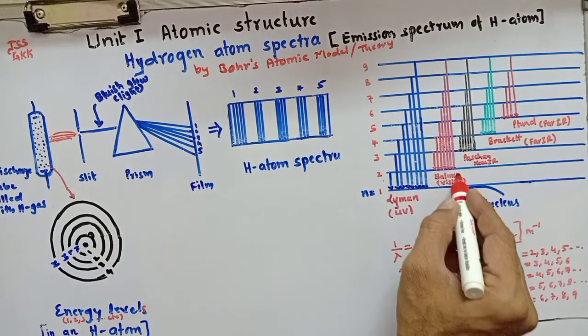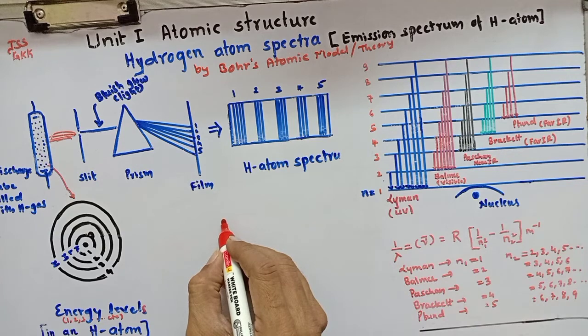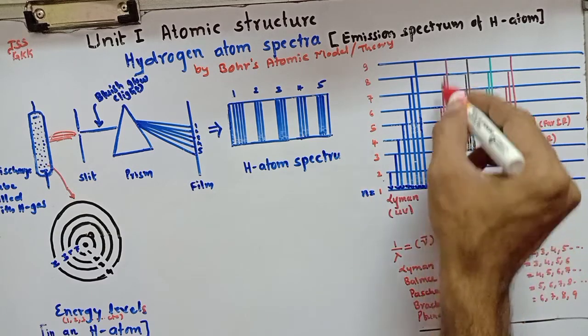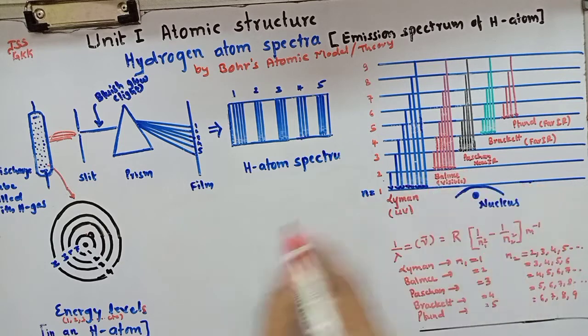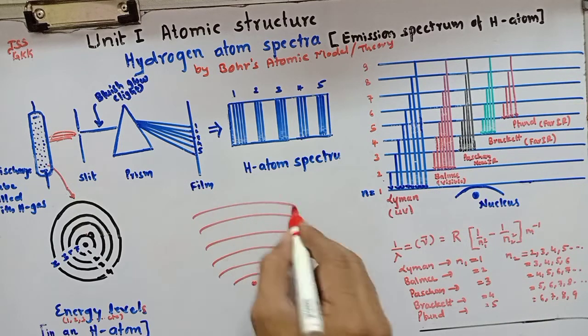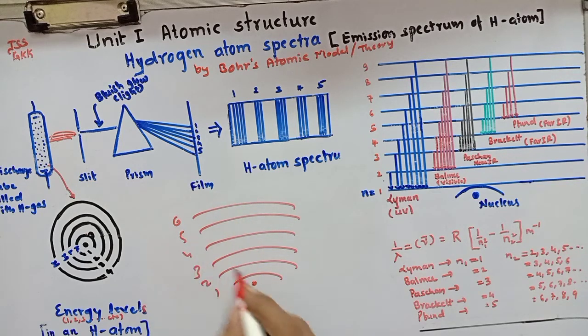Now, the Balmer series of spectral lines will be produced when the de-excitation of an electron takes place from higher energy levels to the second energy level. That means if this is the hydrogen atom, with levels 1, 2, 3, 4, 5 and 6, these are the higher energy levels.